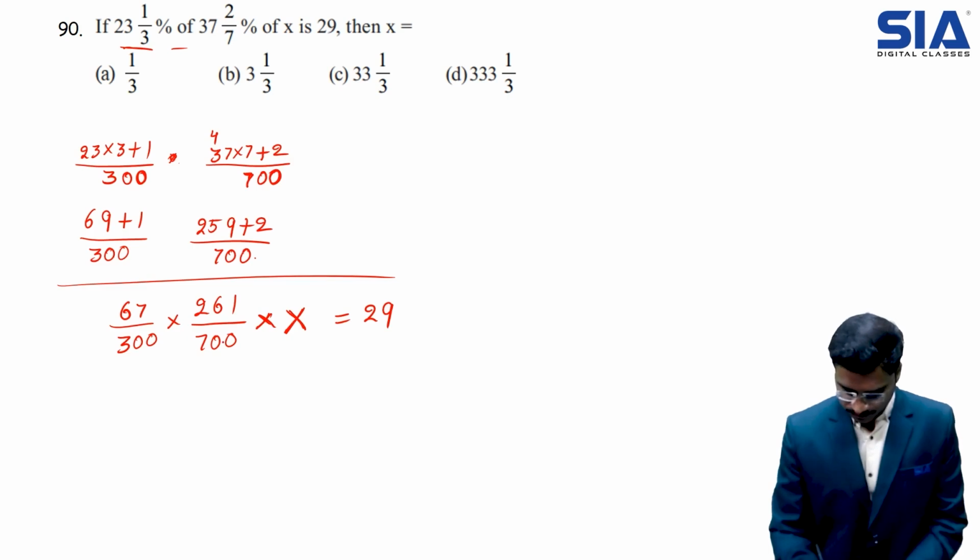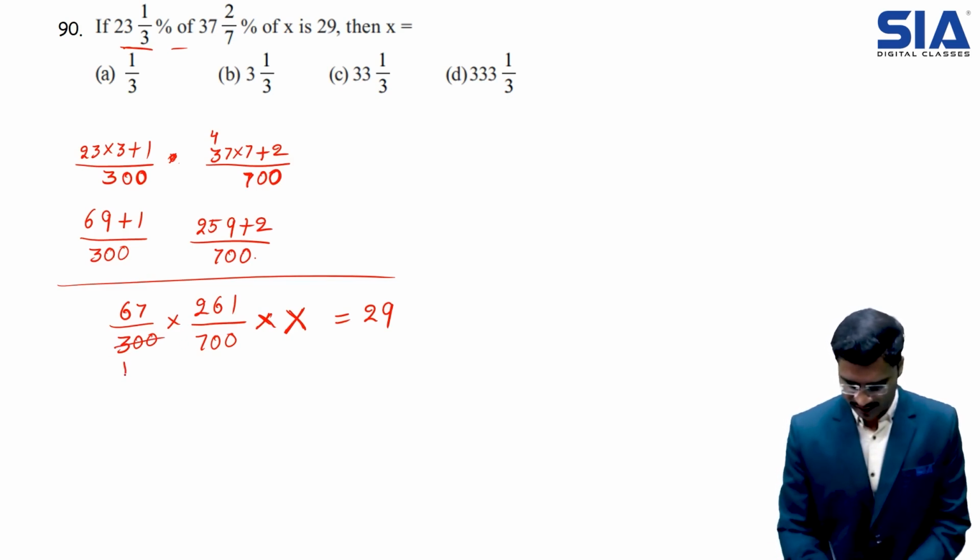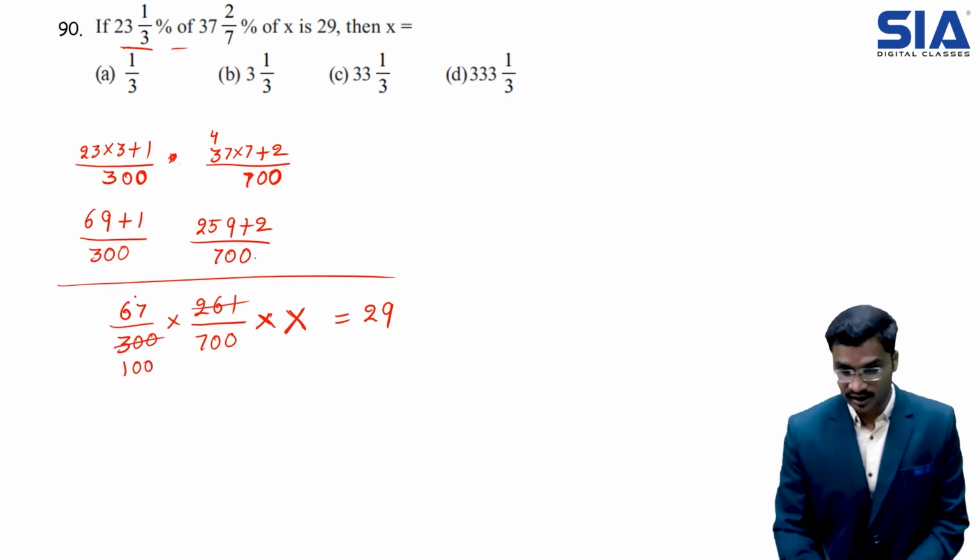So let us see if any values are getting cancelled. 6 7 8 9. So this value can be cancelled. So 3 100s are 300, then 3 9s are 27, 3 7s are 21, 3 8s are 24, 3 8s are 24, then 2 3 7s are 21. So I'm left with 87.